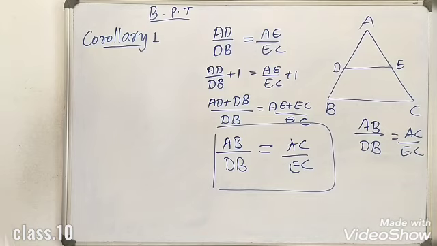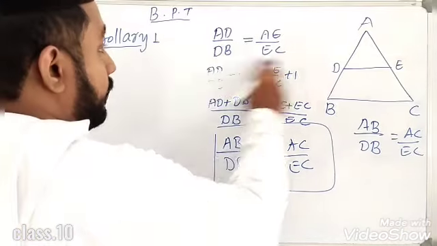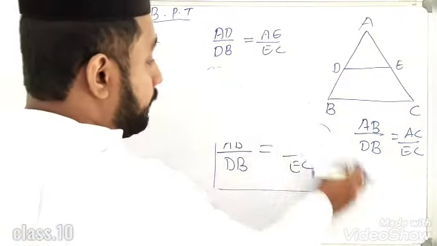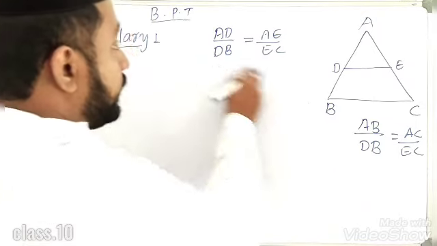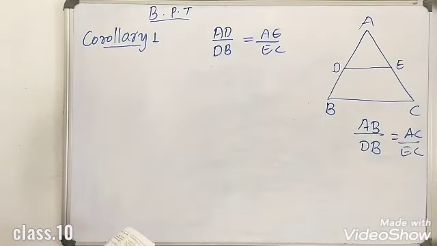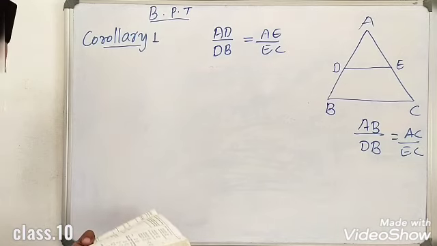Now we are going to prove another corollary, number 2. That is, we have the basic proportionality theorem AD by DB is equal to AE by EC.